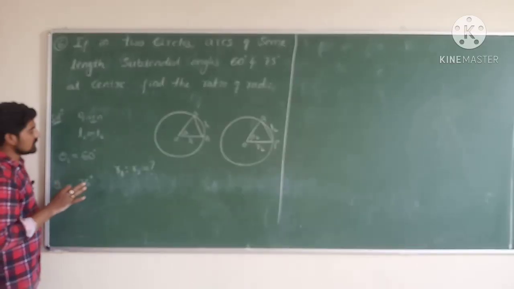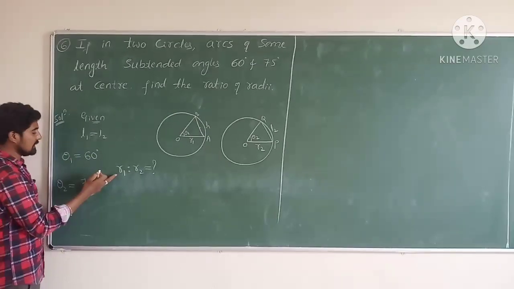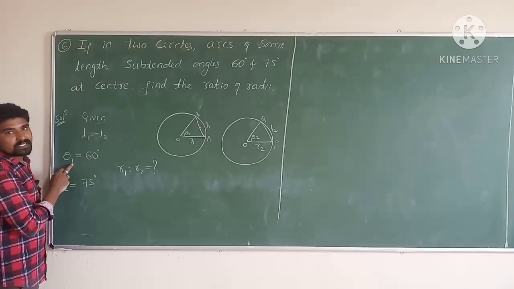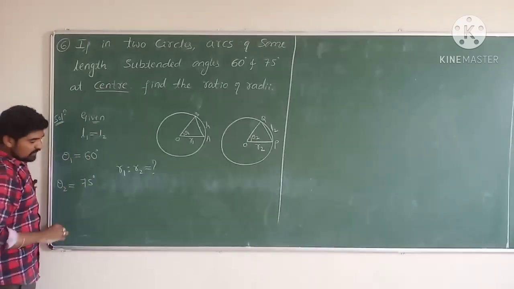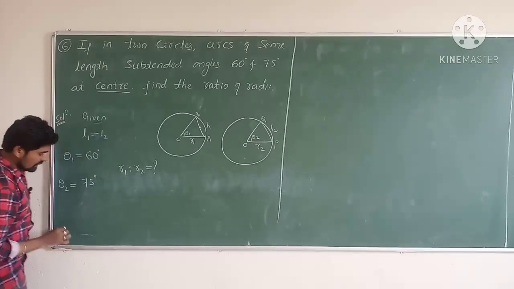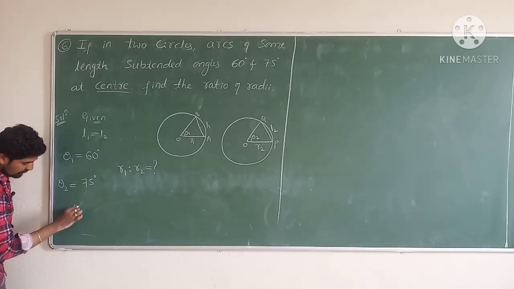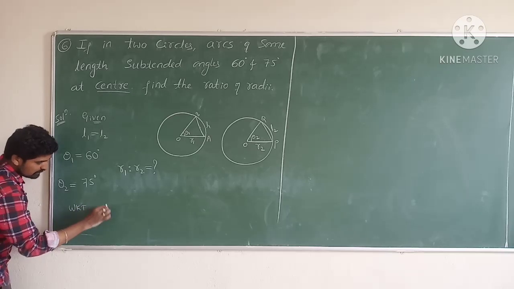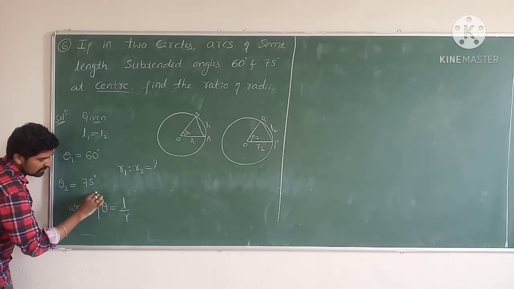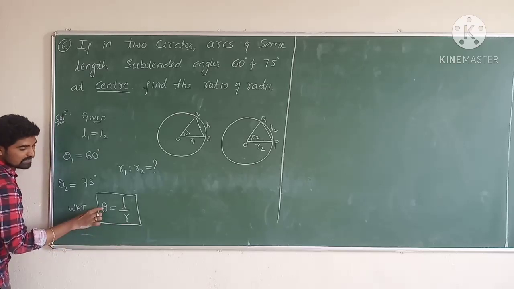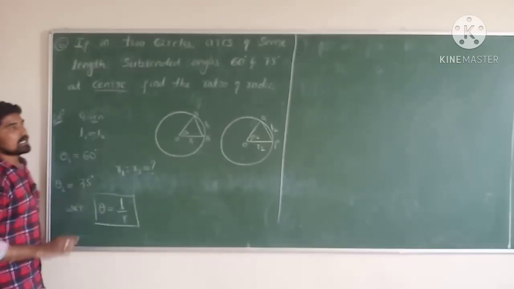We know the relation between arc length, radius and angle subtended at the center of the circle. That is, theta is equal to L divided by R. This is the relation between theta, arc length and radius of the circle.